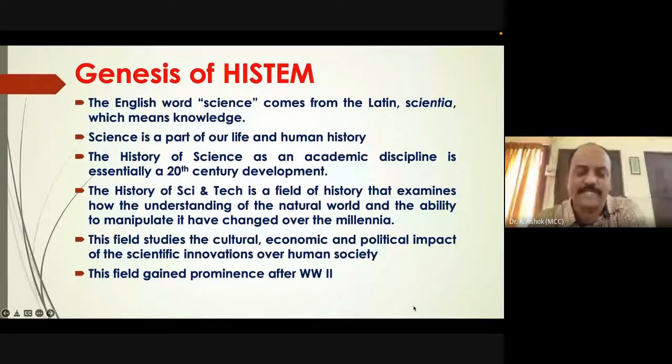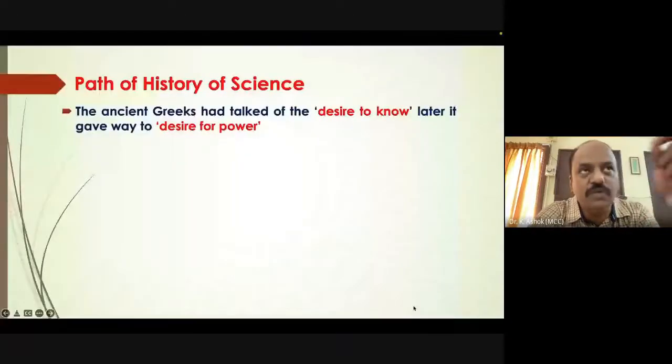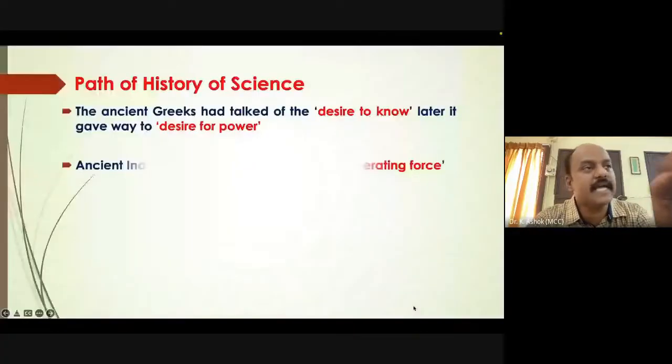So, what is this history of science? The history of science all started with the Greeks. It was the Greeks who talked about science, and they said science is nothing but the desire to know. If you have an inclination to know about something, they called it science. And later, they called science a desire for power.